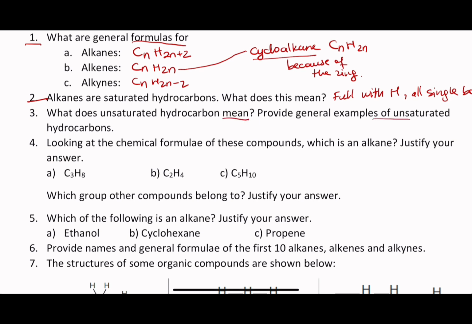Provide general examples of unsaturated hydrocarbons. So unsaturated means that we have less hydrogen than alkanes, and they need to have double bonds or triple bonds.